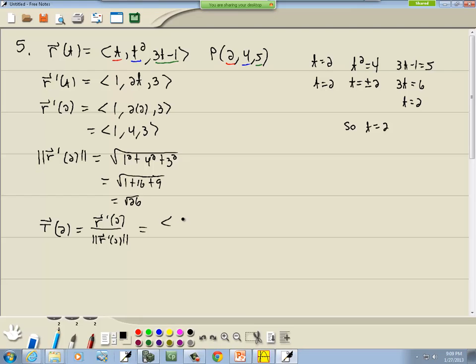So we're going to have 1, 4, 3 divided by square root of 26, which gives us 1 over square root of 26 and then 1, 4, 3, which gives us square root of 26 over 26, 1, 4, and 3. So these are going to be our direction numbers, A, B, and C.